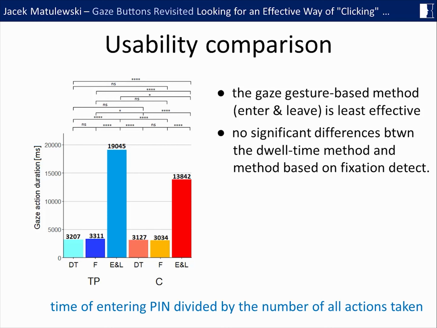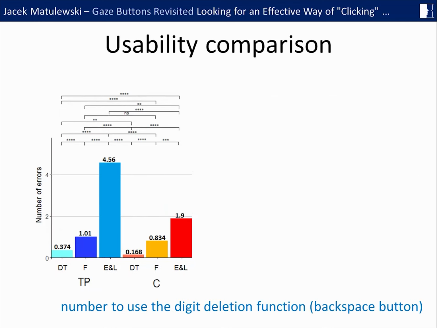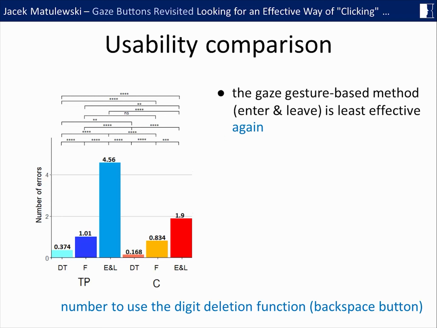Because the completion of the task was based on complete and correct four-digit pin entry, we counted the number of backspace gaze button uses, excluding pressing the button many times in a series, and treated it as the number of errors. Also taking into account this measure, the method based on gaze gesture is the least effective.